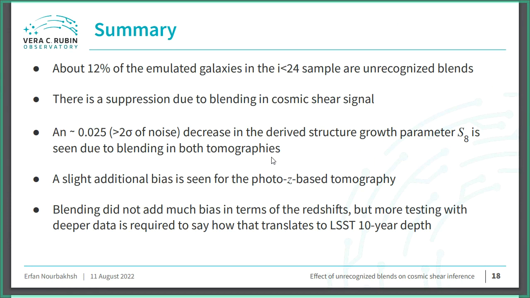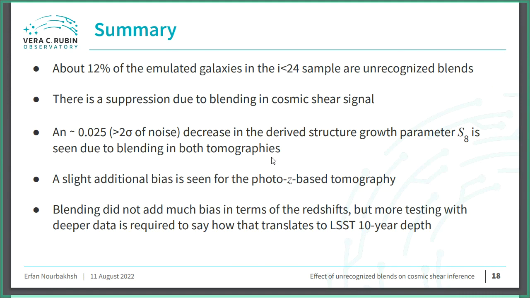Blending dilutes the cosmic shear signal and introduces correlations in the noise in our sample in a way that is unrelated to lensing, so it is expected. Overall, about 0.025, which is more than 2 sigma of noise, decrease in the S8 parameter, in both tomographies, and using both Gaussian covariance matrices.